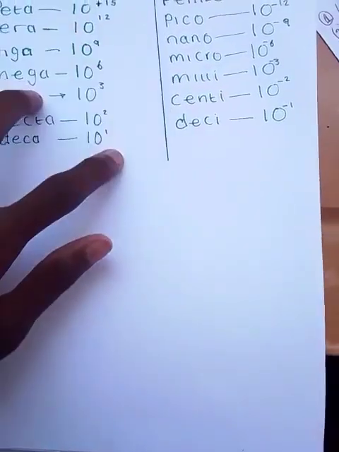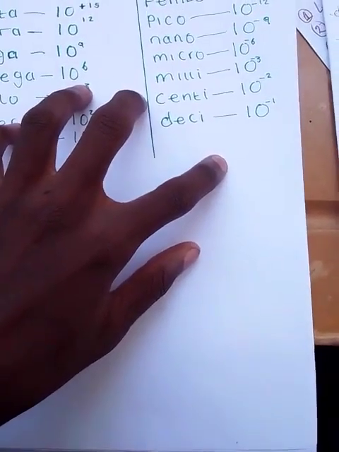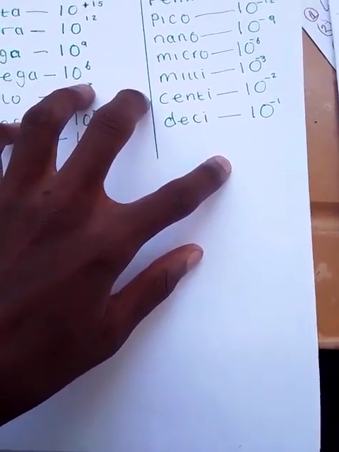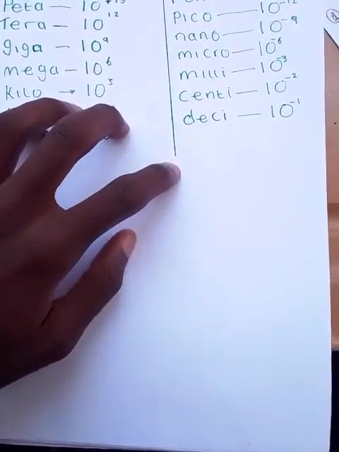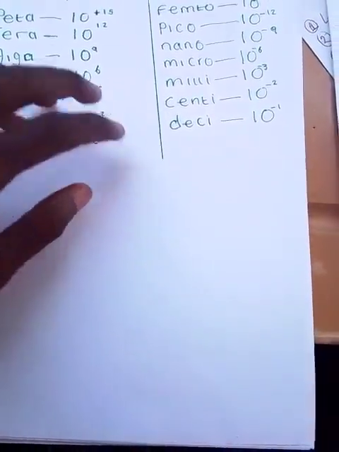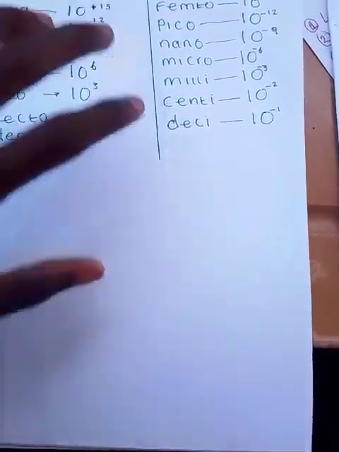As I said, mnemonics can be modified to your preference, which will help you to easily remember whatever information you are trying to master. Let me show you the mnemonic to remember the positive powered prefixes.